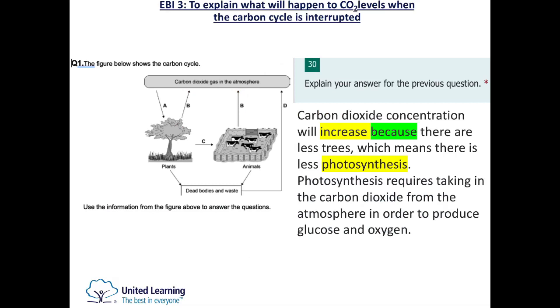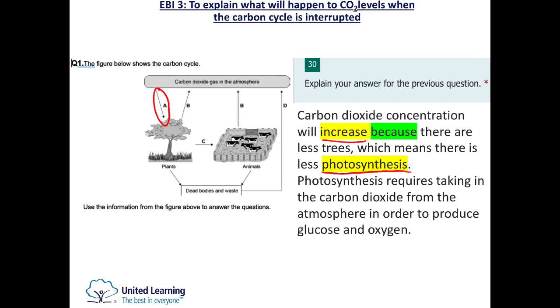Okay, so this is a model answer. Carbon dioxide concentration will increase, and that is the key word here, increase, because there are fewer trees, which means that there is less photosynthesis. And this is what I'm looking for, photosynthesis. So this is photosynthesis, the trees and the plants taking in carbon dioxide from the atmosphere.